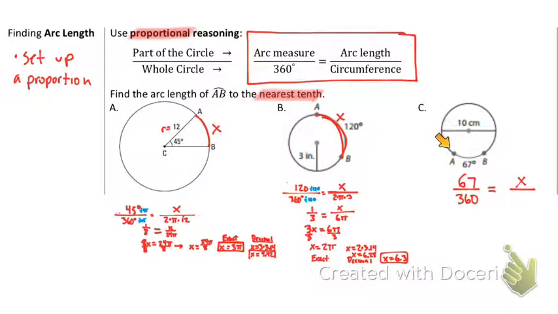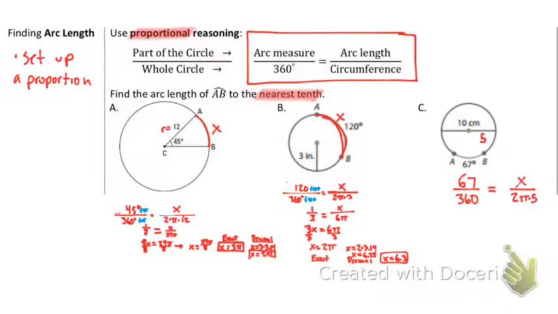And then we want the length of the entire circle, which will be given to us by this formula, 2 times pi times r. Okay, but my r is from the center to the edge. So our r is really 5, because 10 is the diameter, but we want the r. So it's going to be times 5.